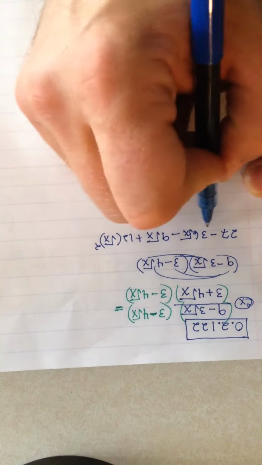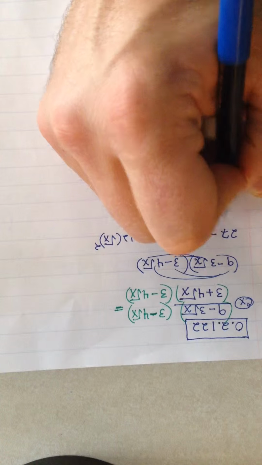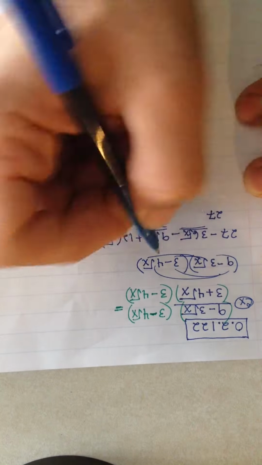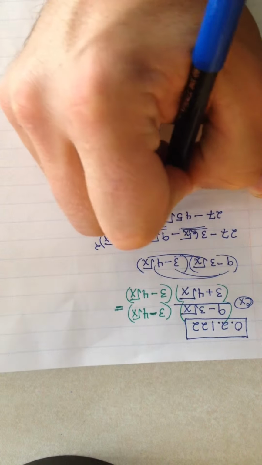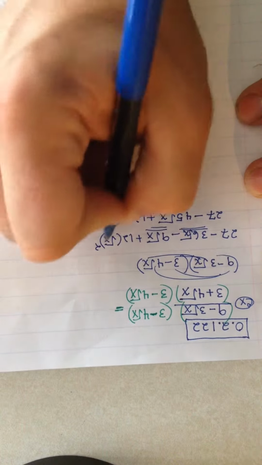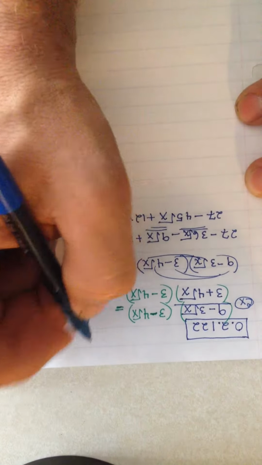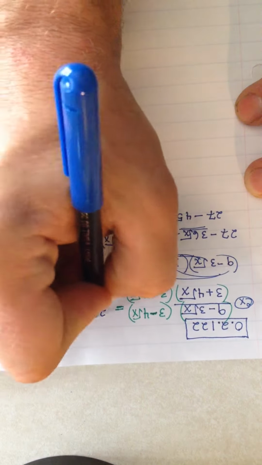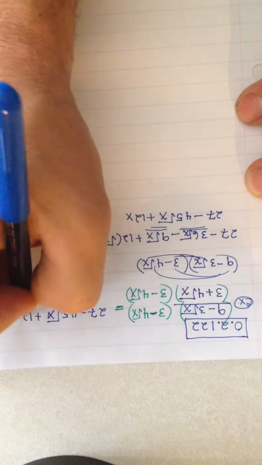Whatever you want to do is fine. Now I'm going to combine my like terms. So I have 27, and combining my like terms, 36 and 9 gives me a negative 45 root x, plus 12, again, square root of x squared is just x. So I've determined what the numerator is: 27 minus 45 root x plus 12x.